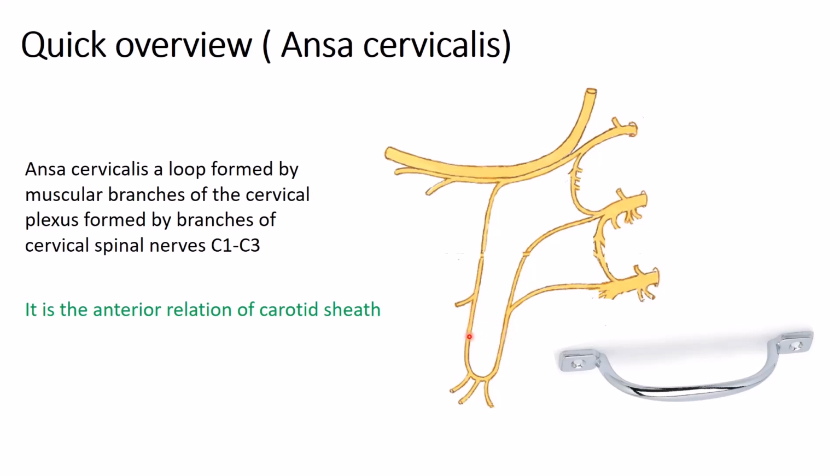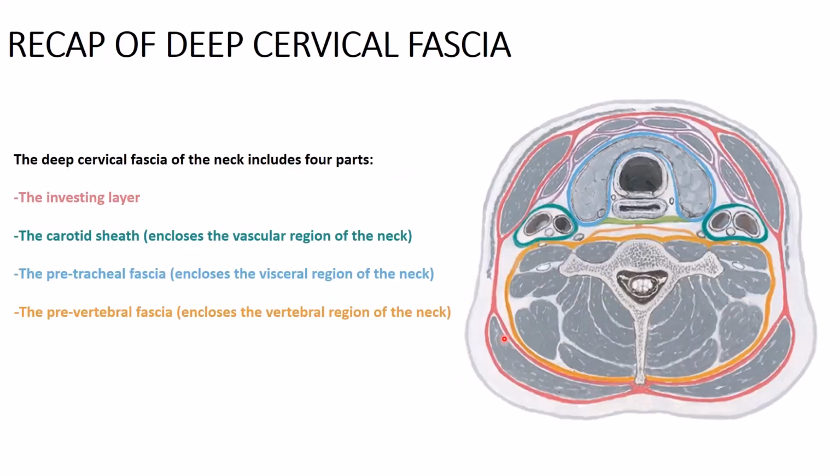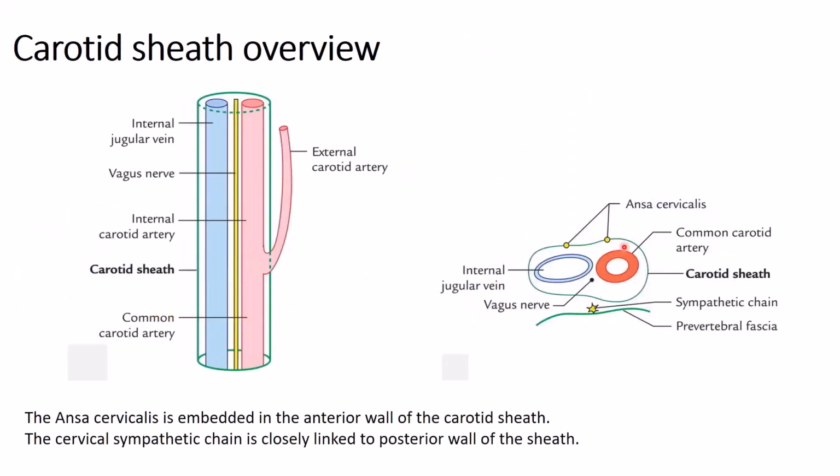The superior root will be in front of the medial compartment of the carotid sheath, which is the common carotid artery, and the inferior root will lie anterior to the lateral compartment, which is the internal jugular vein. So here the superior root, here the inferior root, and below they make a loop which is called the ansa cervicalis.